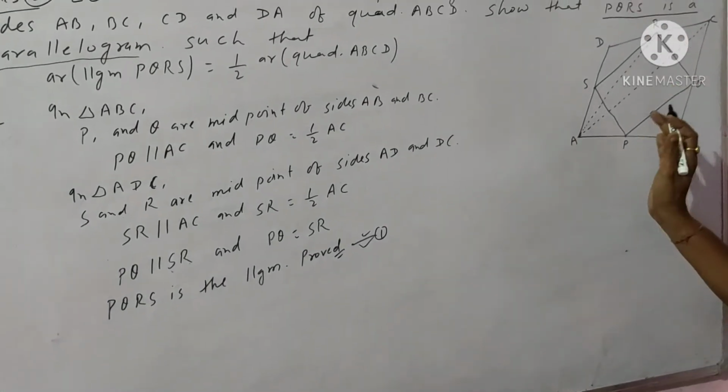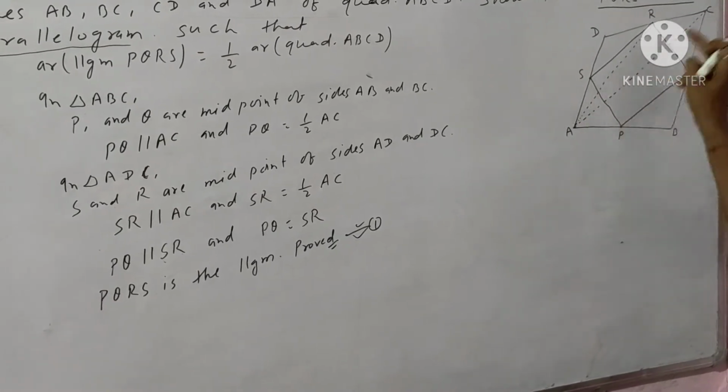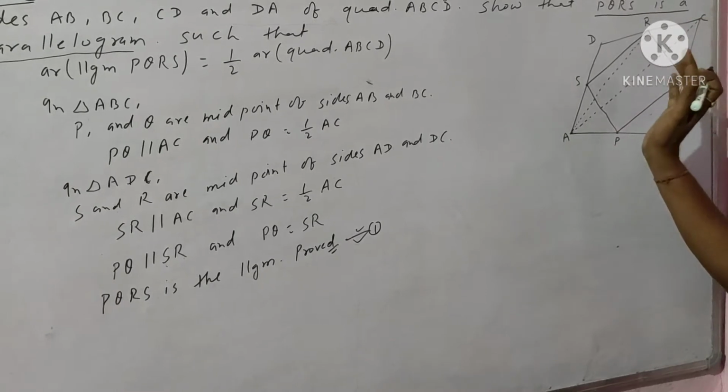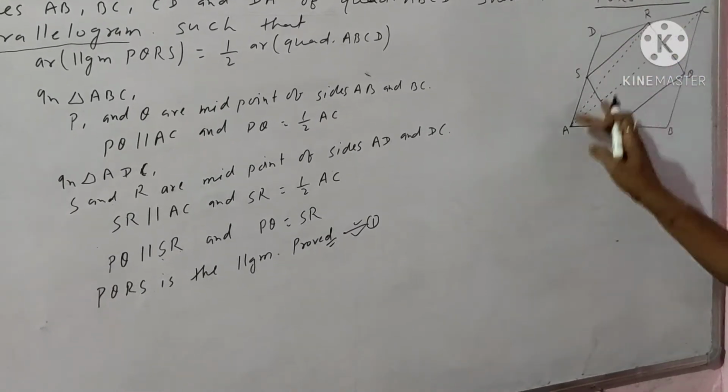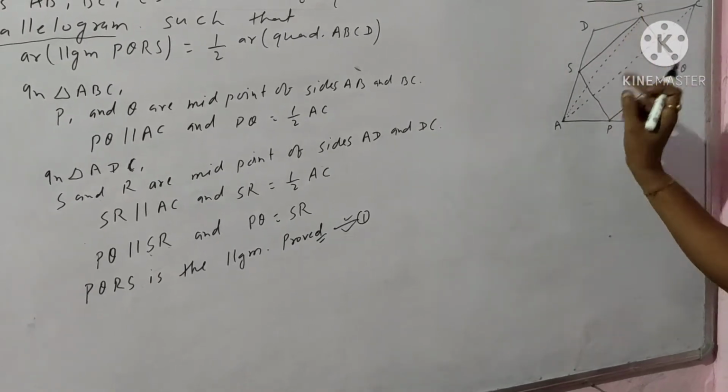So second thing is, here AC is the diagonal. A diagonal divides the parallelogram in two equal parts, but ABCD is not a parallelogram, so AC does not divide it in two equal parts.